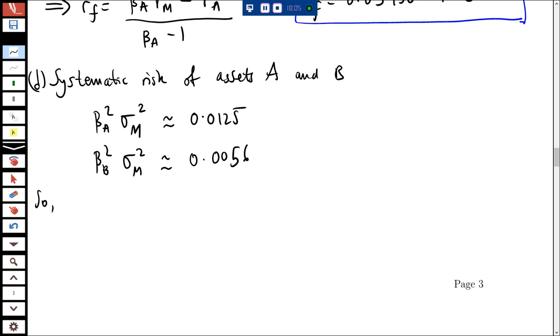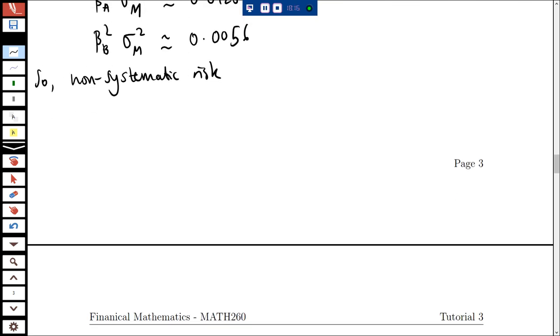So the non-systematic risk, we can see the light at the end of this question. It's the variance of the errors, which is given as follows. Standard equations, drop those numbers in.